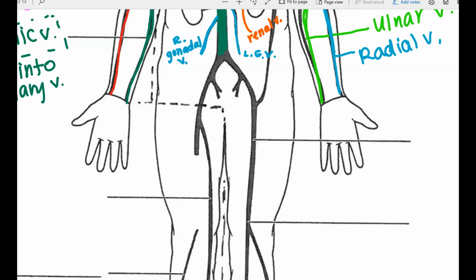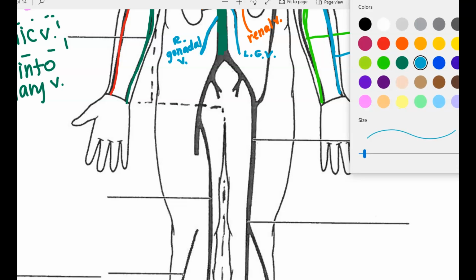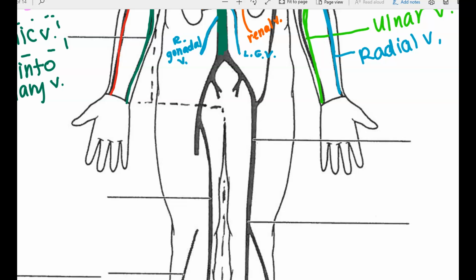Okay, now when we get to the lower limb, we are going to see that on the right side of our body here, we are displaying the superficial veins, and on the left side, we are seeing the deep veins. So we're going to focus on the left side and talk about our deep veins first. Our inferior vena cava is going to bifurcate into a right and left common iliac vein, just like we saw the arteries bifurcate.